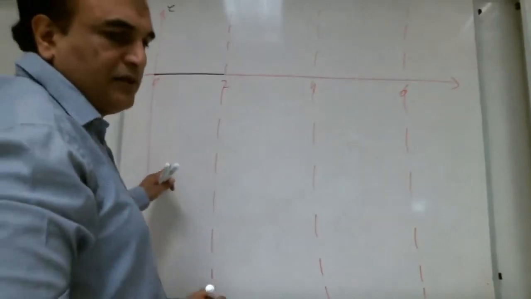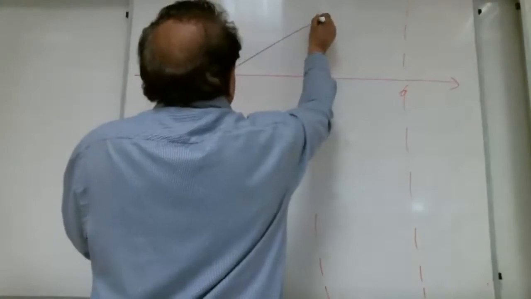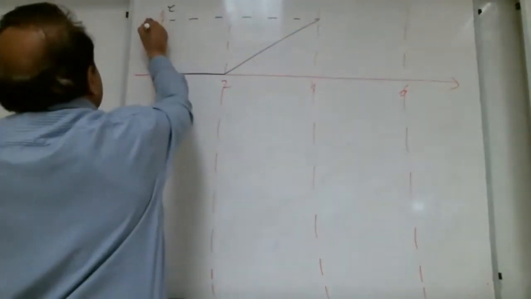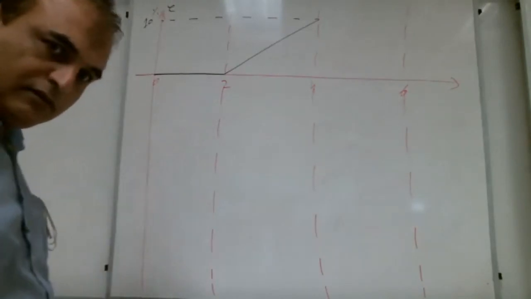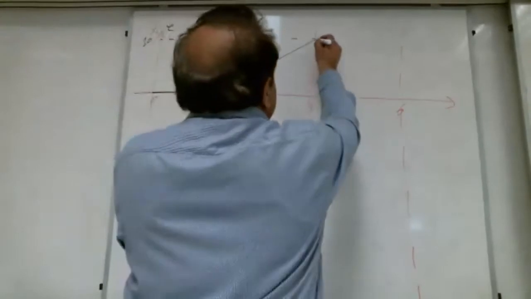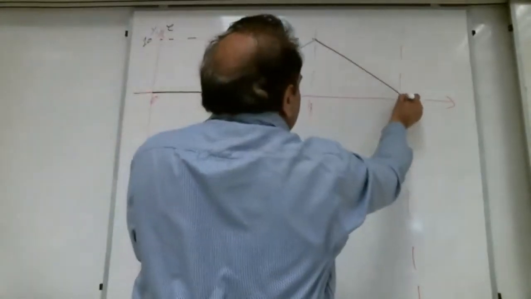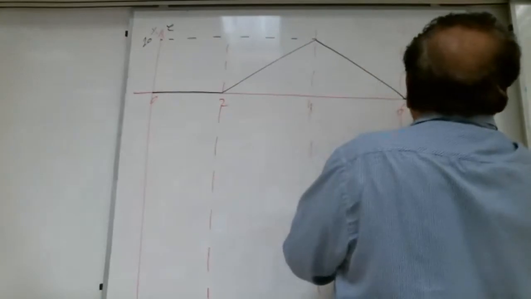Right, Shabab? At 2, it goes here. That is 10%. Then at 6, it comes back to 0 and stays like this.